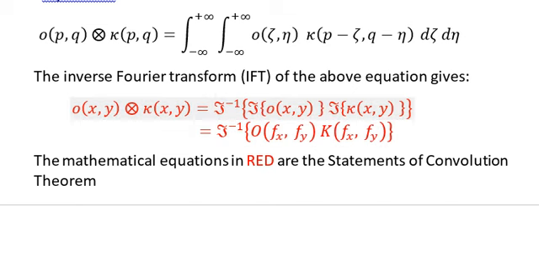On the left hand side the inverse Fourier transform cancels its Fourier transform operator, but on the right hand side we have the inverse Fourier transform operator operating on the curly bracket, which contains capital O at fx comma fy multiplied by capital K at fx comma fy.